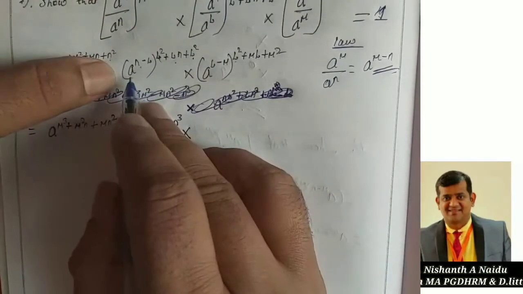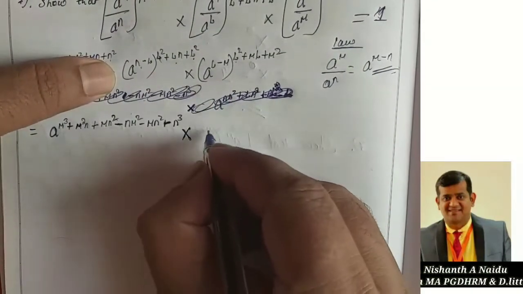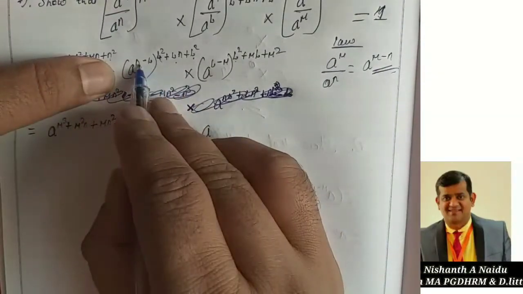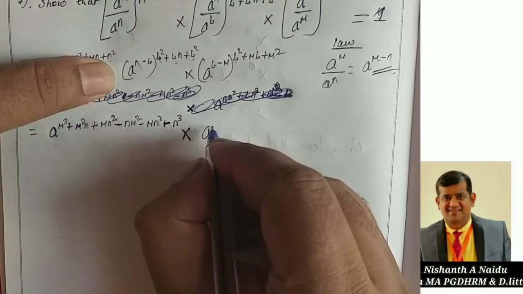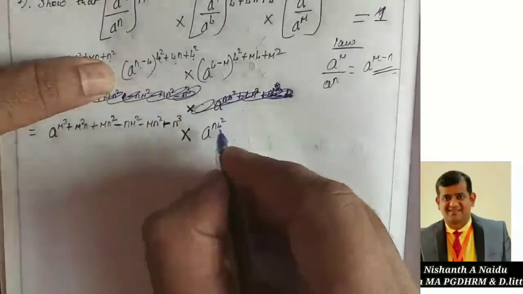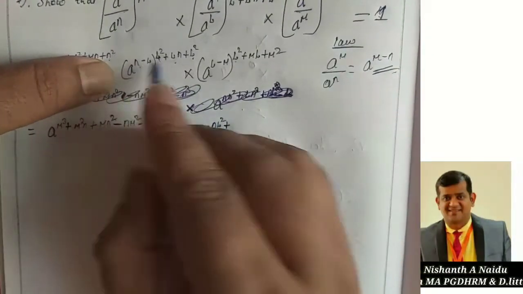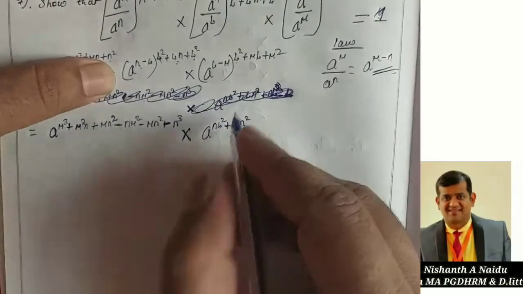Okay, into. Next, for this one, that is a to the power n, I am going to multiply a to the power n into l square. So that becomes nl to the power 2, plus n into ln, that becomes ln to the power 2.